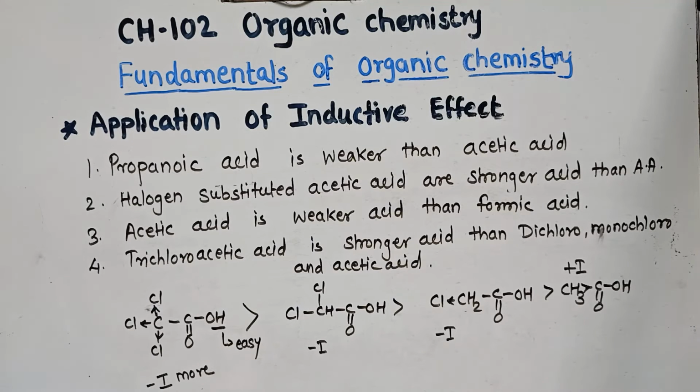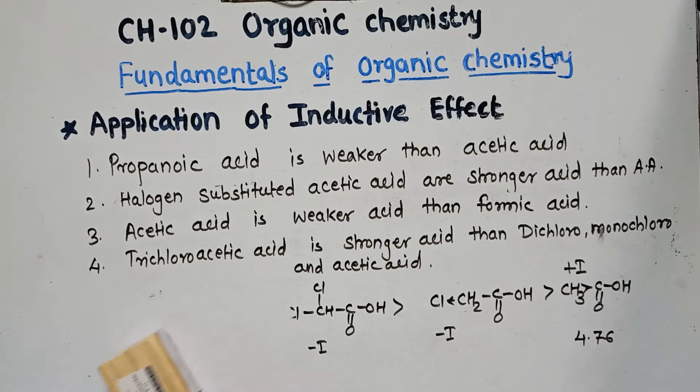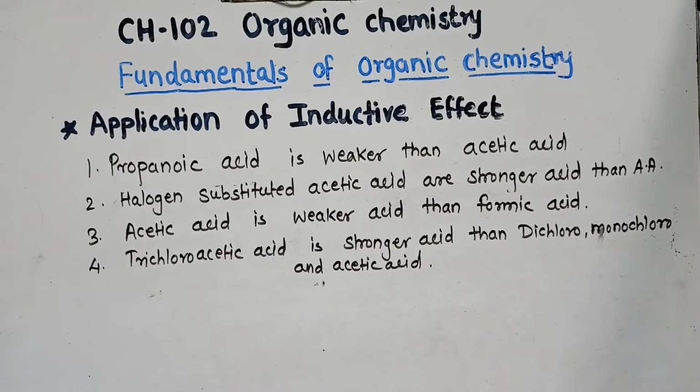Again we discuss, here the pKa value is 0.65 and here the pKa value is 4.76. Smaller the pKa, stronger is the acid. Hence this is a stronger acid than the remaining ones. This is the fourth application of the inductive effect. Then we see the next application, that is the fifth one.